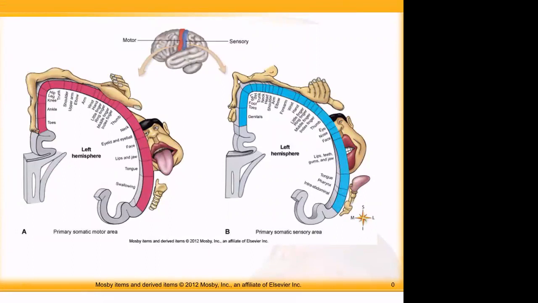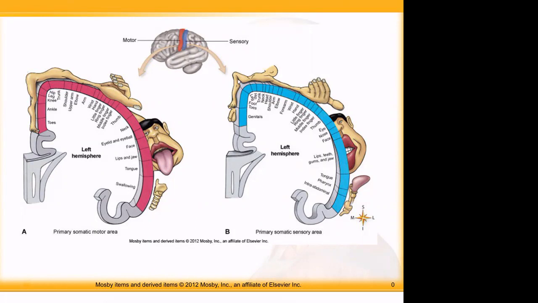I know you're looking at this thinking that is a weird looking guy. This is called a homunculus. Basically, what this is demonstrating are areas of the brain that are associated with particular areas of the body and how sensitive they are.